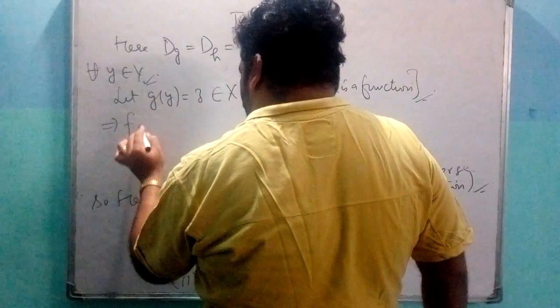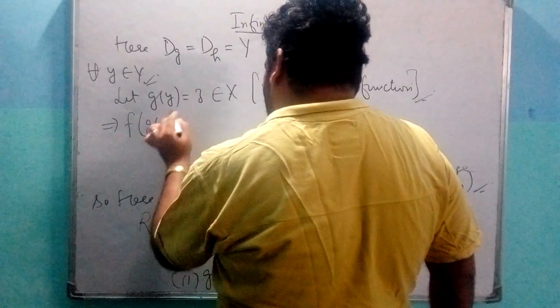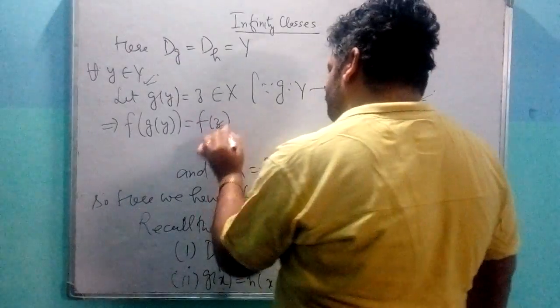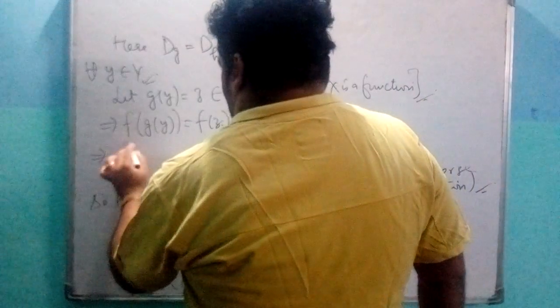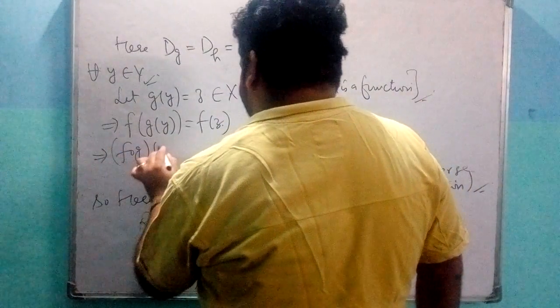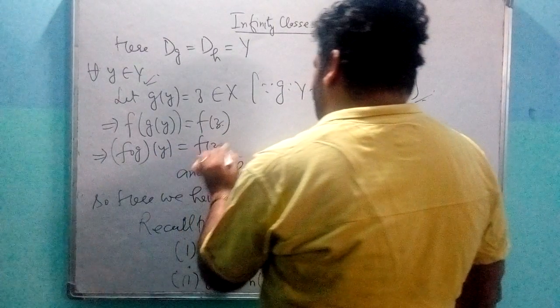Implies, operating f on both sides, we get f of g of y is equal to f of z.